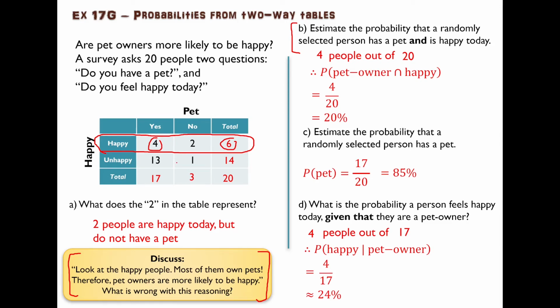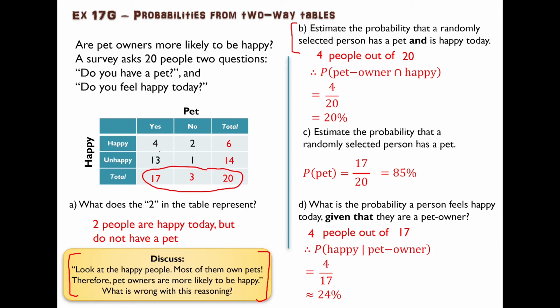The thing that's wrong is, yes, most of the happy people are pet owners, but also most of the unhappy people are pet owners as well. In fact, most of the people are pet owners. 17 out of 20, 85%, most people are pet owners. So yes, if you look at the happy people, of course most of them will have pets.